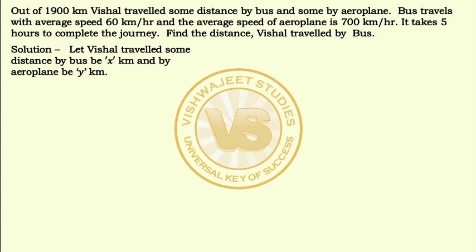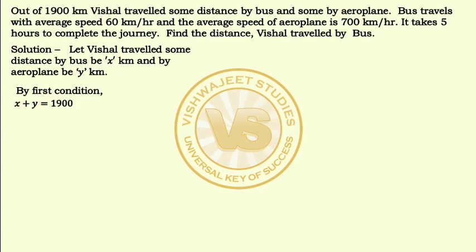Solution. Let the distance we shall travel by bus be x kilometer and by aeroplane be y kilometer. But our total distance is 1900. So according to our first condition, we get distance of bus, that is x, plus distance of aeroplane, that is y, is equal to total distance 1900.